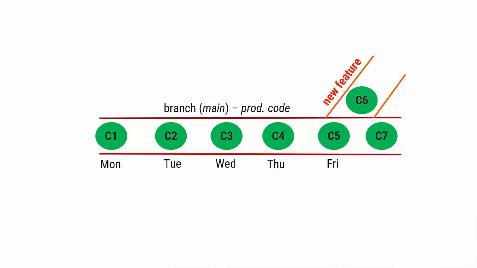And once you are sure that your experimental features are really good and they're passing all your tests, then you can merge that branch into the main branch. So the commits that you have done, like C6 in this case, will be merged with the main branch, and those hot new features that you have created can go into the next release of your software.